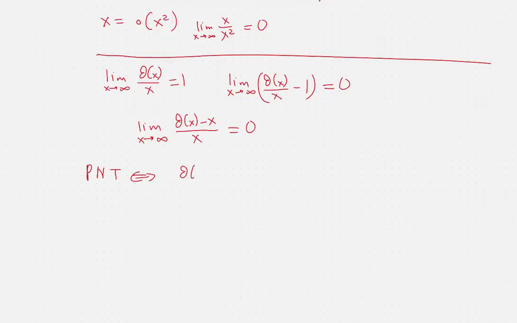Okay, so this quantity theta of x over x oscillates in a way which establishes it to be infinitely smaller in general than x. So we can see that certain limits can be translated to this kind of result.